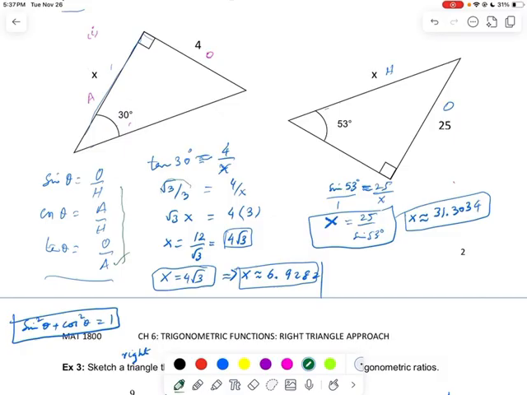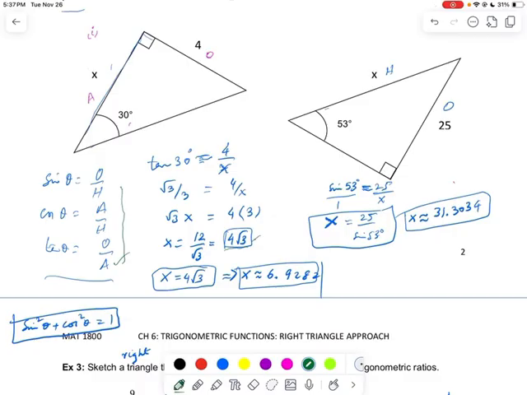Yes, we can. Do we need to? No, we don't need to. Because what is expected of you is that you use a trig ratio which involves these 3 things: the X, the angle, and the side which is given.